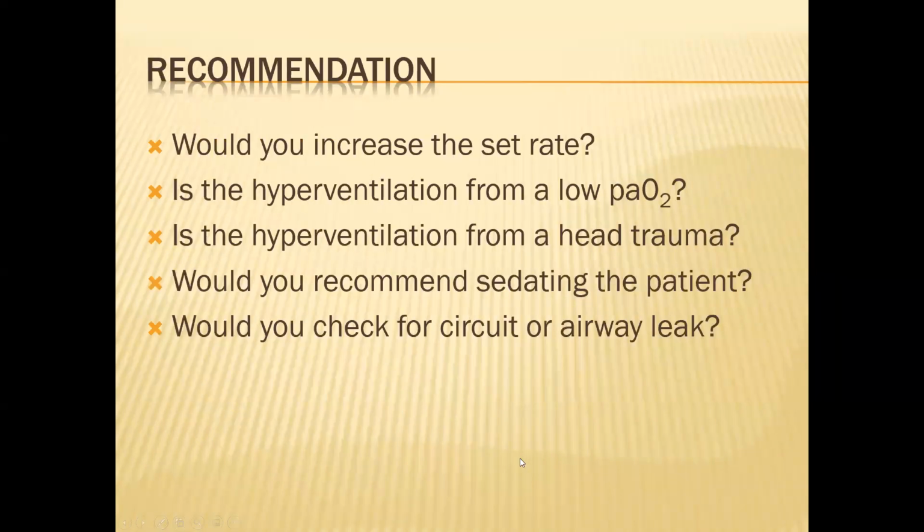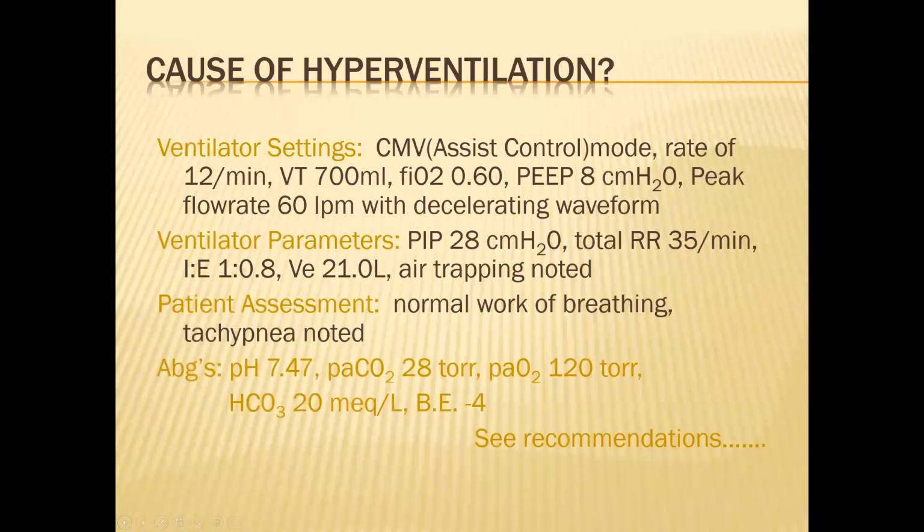Would you increase the set rate? So in assist control, volume control, even though the rate is set at 12, if the patient initiates breaths 35 times a minute, it doesn't matter what the set rate is if they're breathing 35 times a minute.